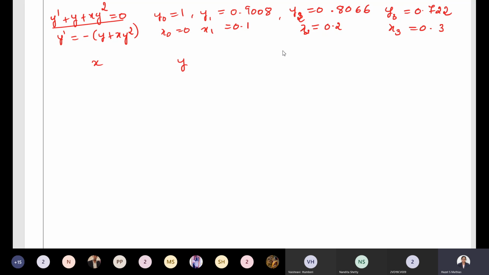Am I correct? y dash plus y plus xy square equal to 0 is given. So y dash will be minus y minus xy square. So I can write it as minus of y plus xy square. Is it clear, everyone? Yes, ma'am.